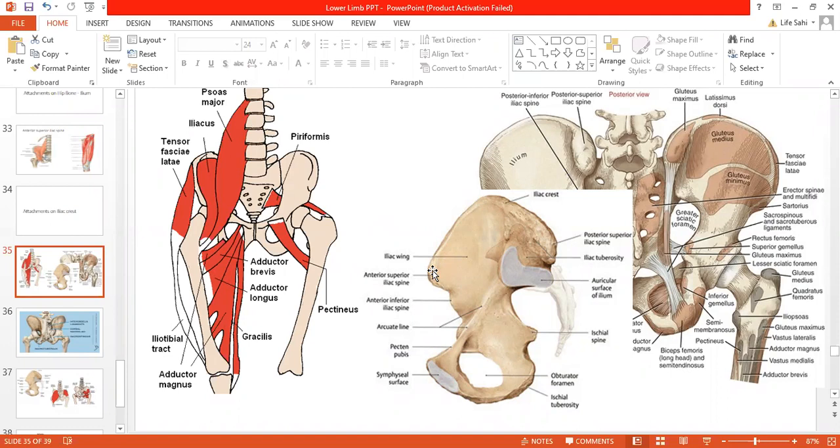The outermost of them is the external oblique. Next to it, deep to it, is the internal oblique, and the deepest most of them is the transversus abdominis. It gets attached on the inner lip. Then further deep to it, there are attachments on the inner lip to fascia transversalis and the fascia iliaca.